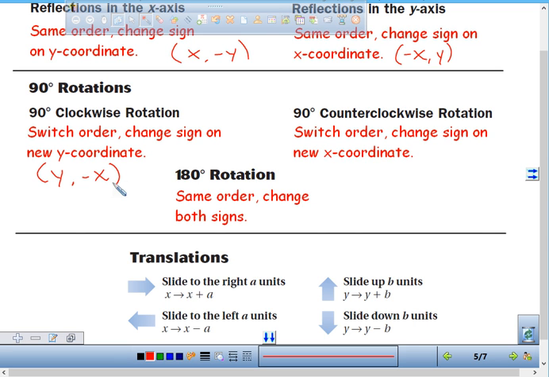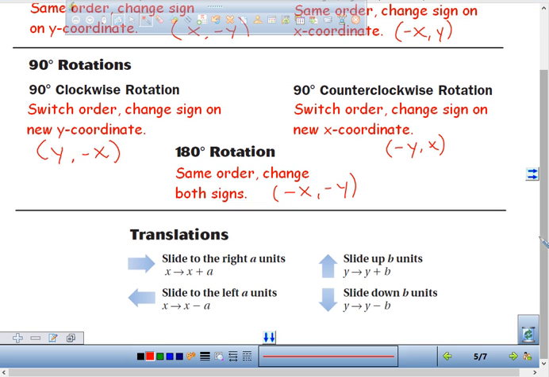Okay, and then 90 degrees counterclockwise says switch the order, change sign on the new x-coordinate. Negative y, x. 180 degrees, same order, change both signs. Same order, so it's still x, y, but change both signs. So it's negative x, negative y is your rule.